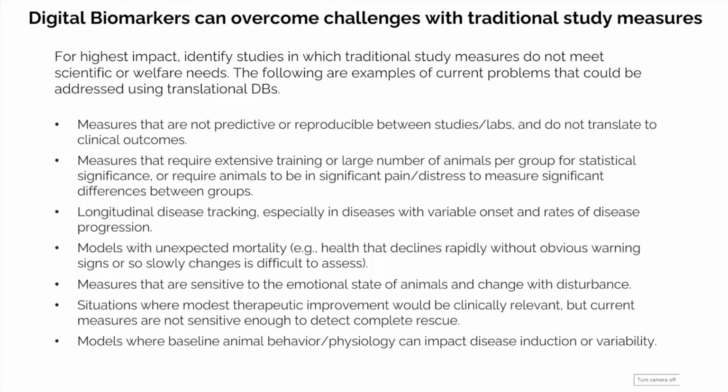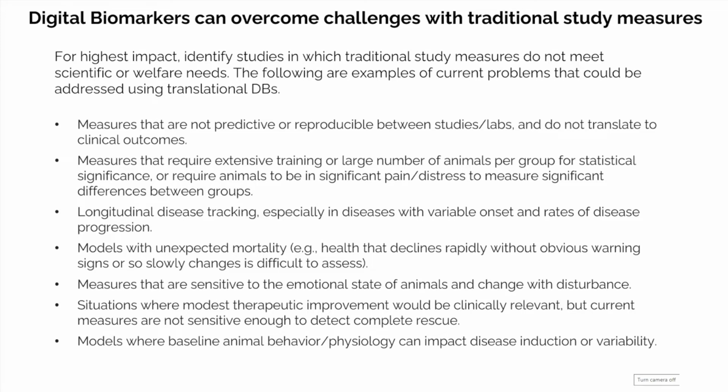For any of you who have worked with a model like this, you'll know that it is very challenging to reproducibly introduce the lung inflammation and the lung fibrosis in these animals. And so using digital biomarkers helps us to assess how well we've induced the disease in the animals before we even get to the therapeutic outcomes.